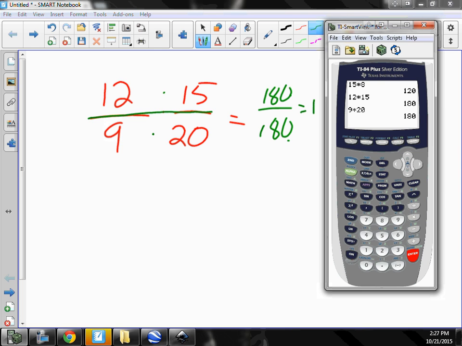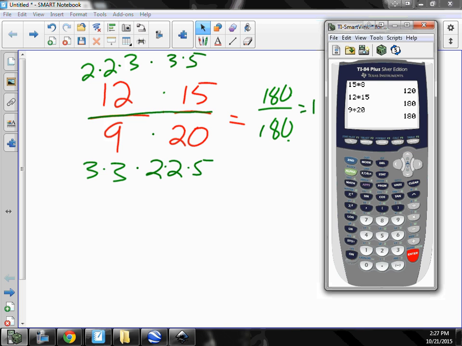And 12 is 2 times 2 times 3, 15 is 3 times 5. And down on the bottom, I get 3 times 3 times 2 times 2 times 5. Since I turned it into one big long multiplication, anything on top will cancel anything on bottom. So I can just start: 2's, 2's, 3's, 3's, 5's, and everything went away.